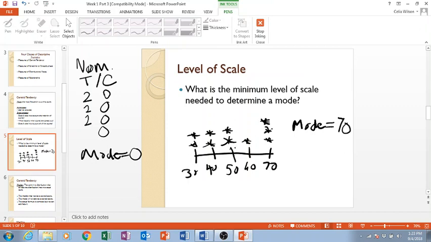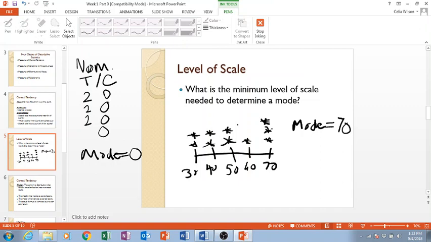Remember, central tendency is the one number that best represents all of our scores. All right, so 70 is representing 70 really well, but it's not doing so great for all of these others, right? 60 is not too bad, but 50, 40, 30, all these people over here, they are not really being represented.